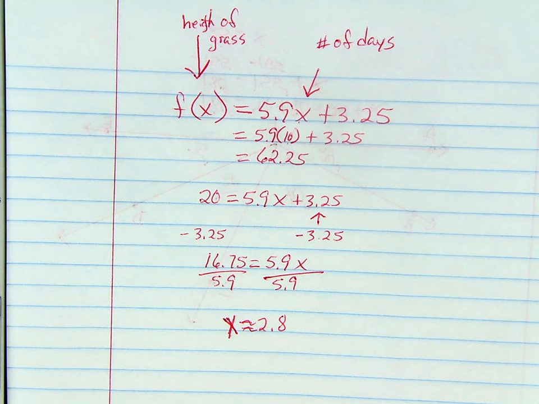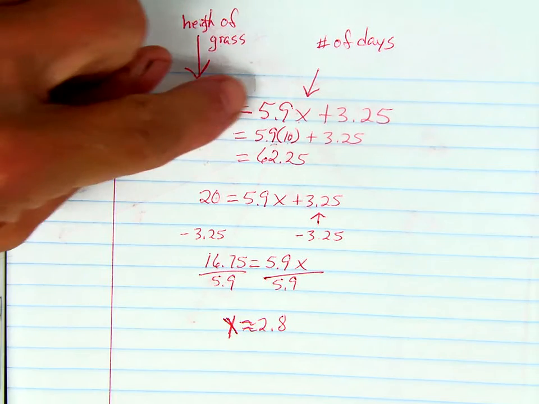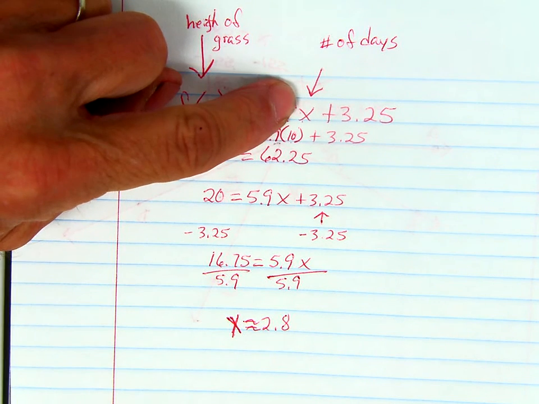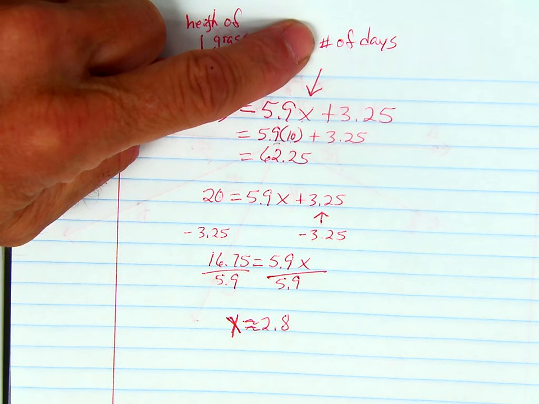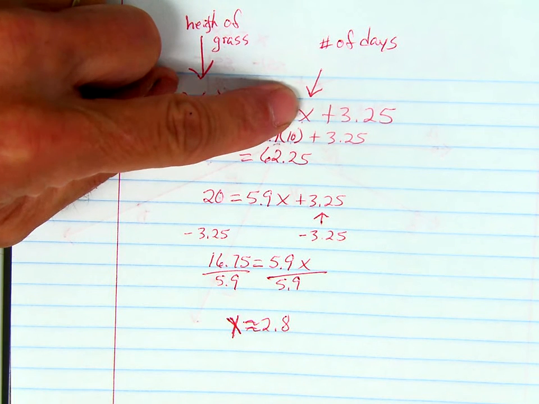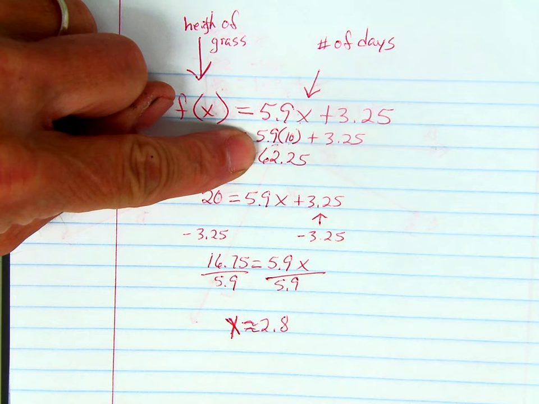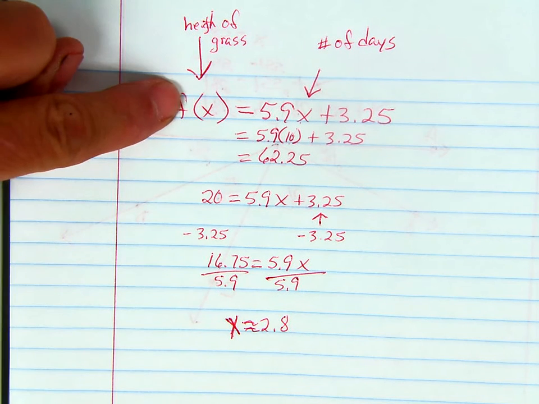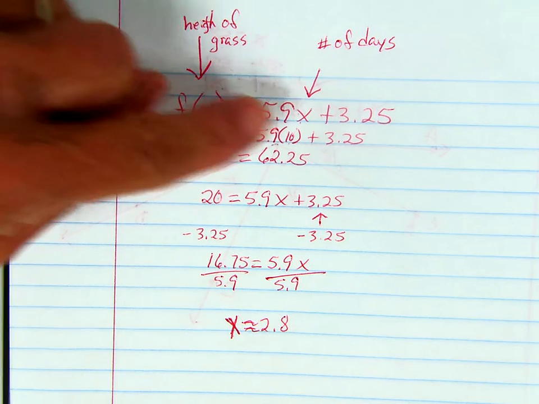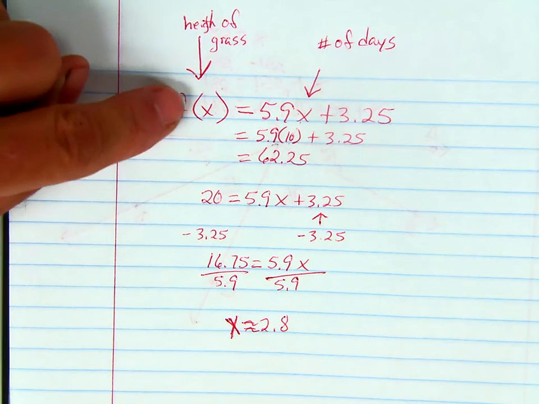Now the reason why I'm showing this to you is in evaluating functions, either they give you the input value. In this one, I said, okay, 10 days. You take the x out, put the 10 in its place, you work it out. But they can also come along and say, well, here's the answer. Now, how many days did it take to get this answer?